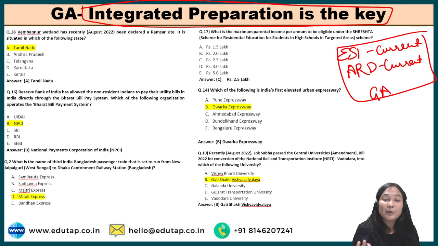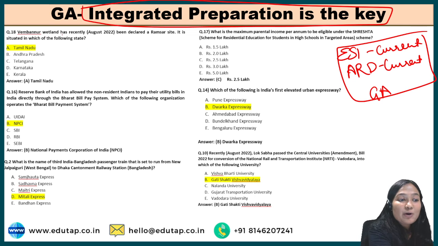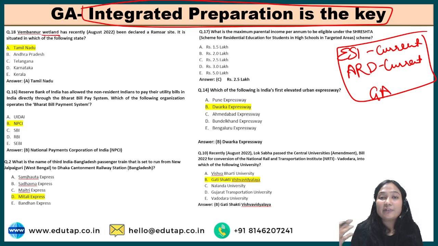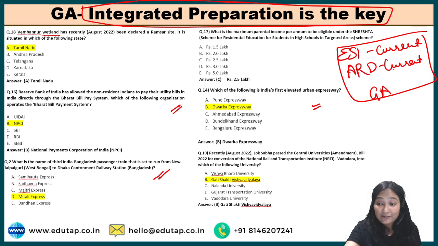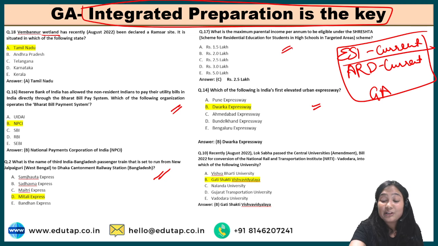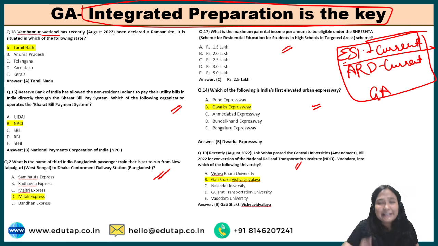If you see year 2022, questions on wetlands have come, which is a part of ARD, and we cover that in ARD current. Then questions related to the paying system, and questions related to infrastructure that we cover in ESI, and about education that we cover in ESI current, have been there in GA. That is why when you prepare current affairs in an integrated manner, it becomes much easier for you. And not only for GA, you will also see how helpful this will be for ESI.